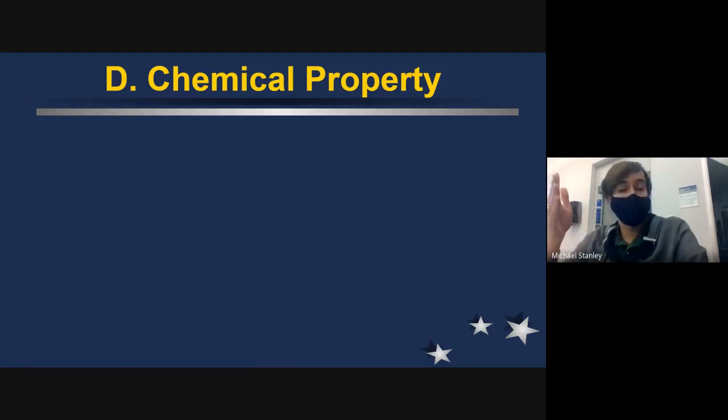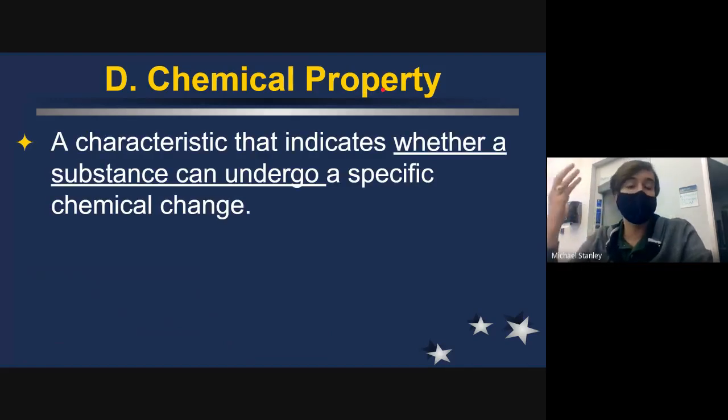All right, so lastly, if we want to describe what sort of chemical change a substance is going to be going through, that is its chemical property. A chemical property is essentially how likely a substance will undergo a type of chemical change.